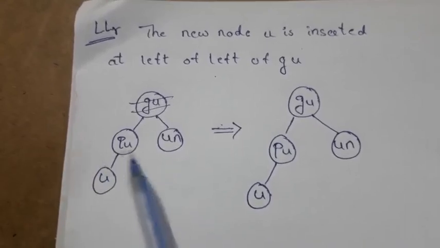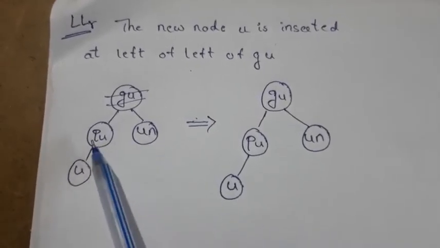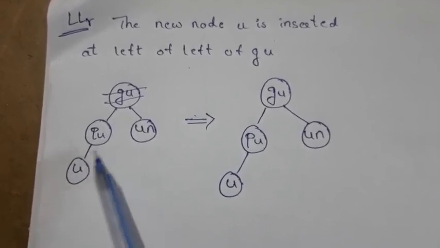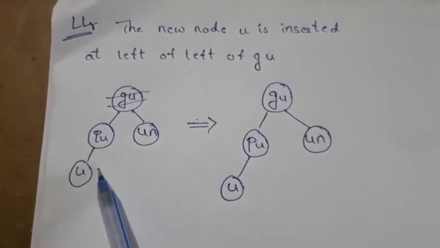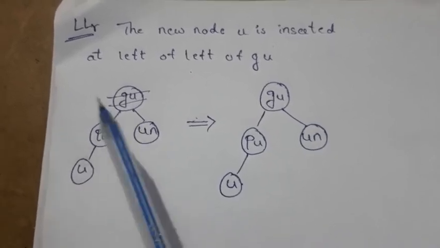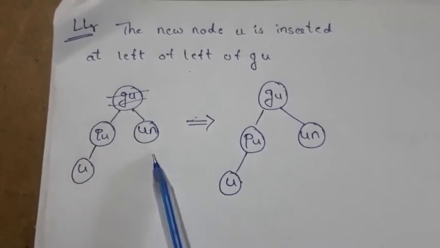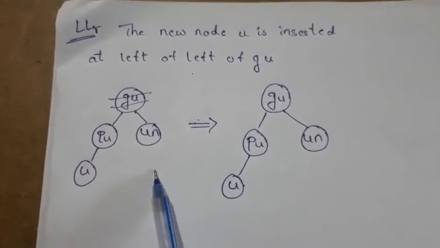That's why it falls under the case of XYR, and that too it is an LL rotation, left rotation. So how are you going to handle this imbalance? As it is an XYR based condition, we are going to apply only recoloring techniques.